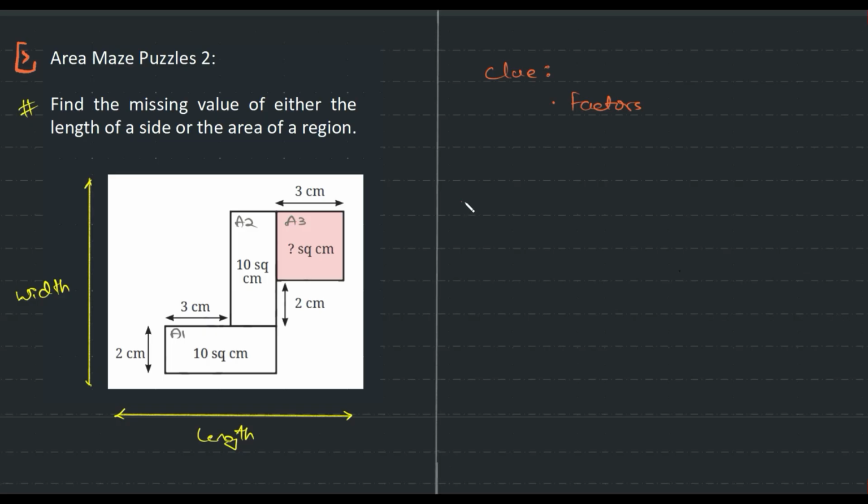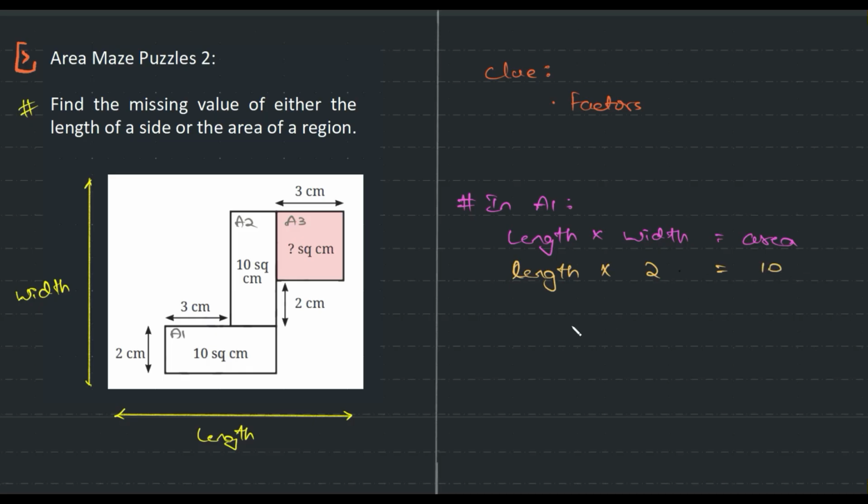Now in A1, the length is what we are trying to figure out. We know that length into width is area. Length we don't know, right? Length is unknown. But width we know, width is 2.